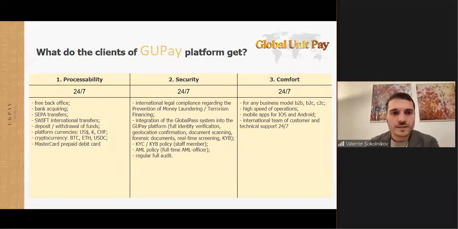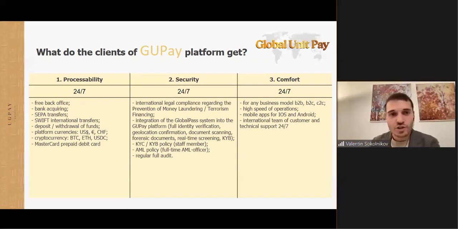We can really read that list on the slide. It's the list of functions available on that platform, and we need you to understand that you can use the Global Unit Pay system both for physical individuals, natural persons, and legal entities.